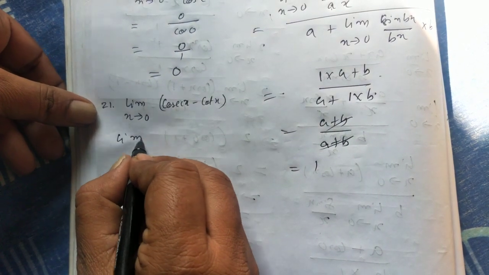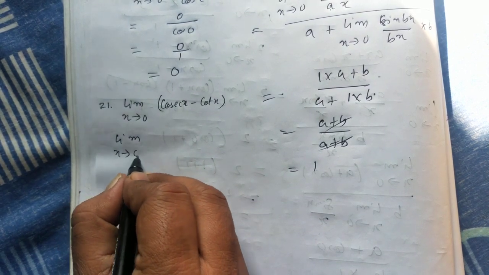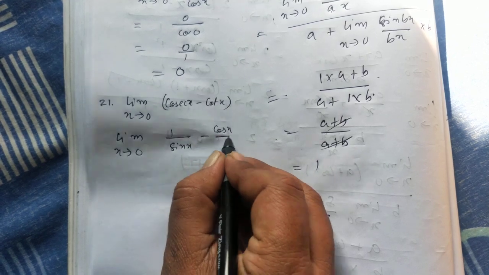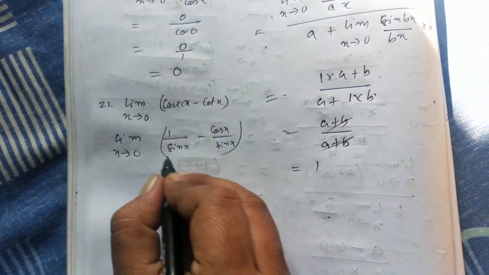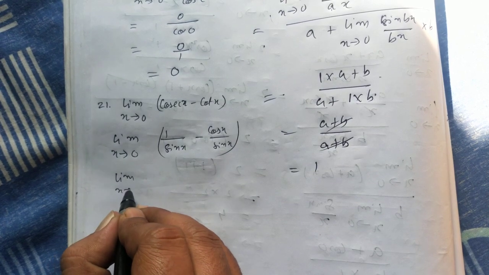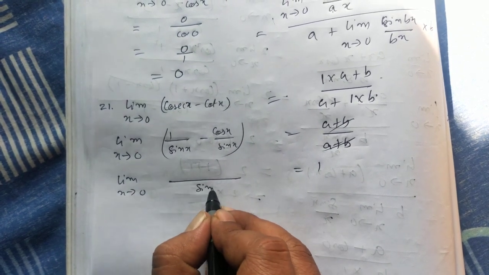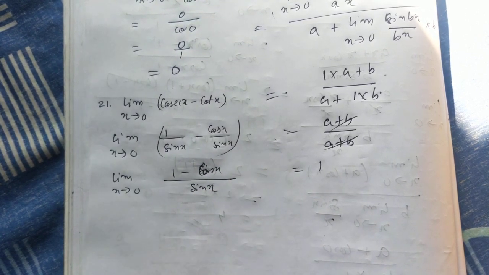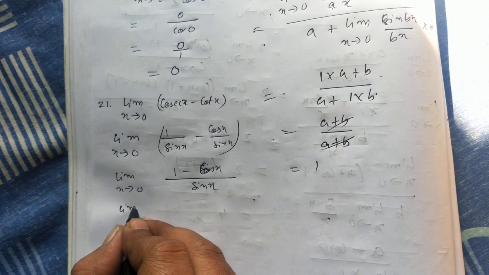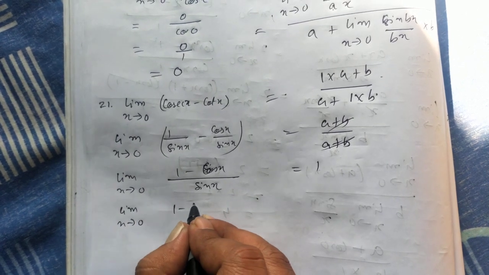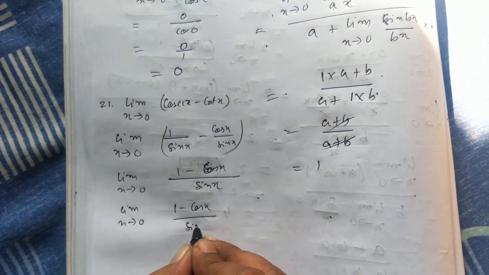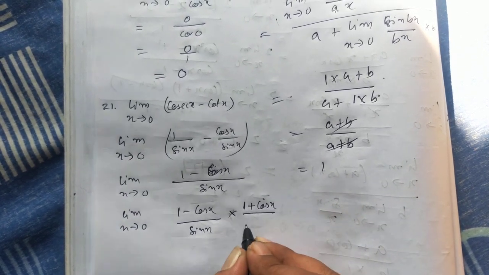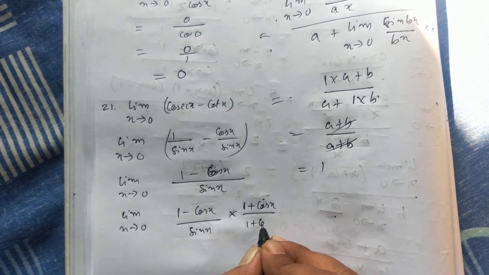Let's do this. Limit x tends to 0. We can write 1 by sine x minus cos x by sine x. LCM is sine x, you are getting 1 minus cos x. Now rationalize it. You'll write 1 plus cos x by 1 plus cos x.